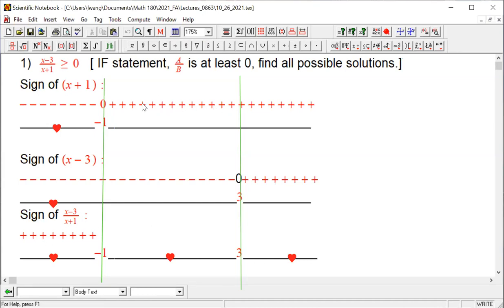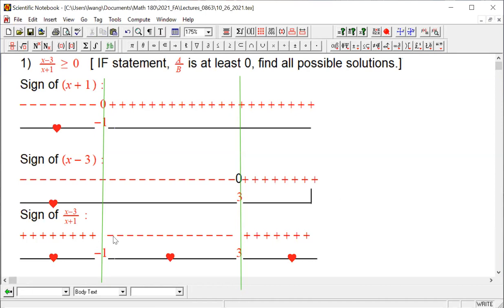In between -1 and 3, we have a negative divided by positive, so we get negative. Larger than 3, we have a positive divided by positive, that's positive.